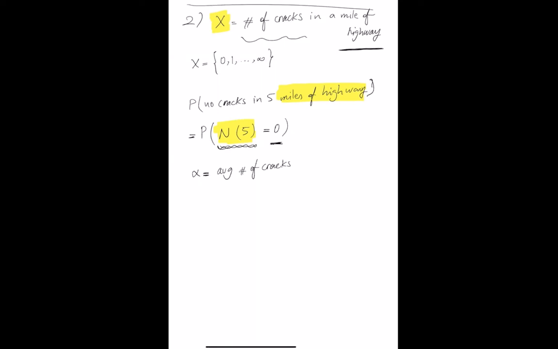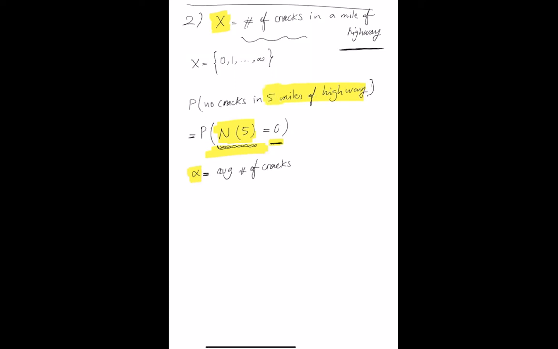And now I want to calculate the probability that this random variable, the number of cracks in 5 miles of the highway, is 0. So then my alpha should show the average number of cracks in 5 miles of the highway.